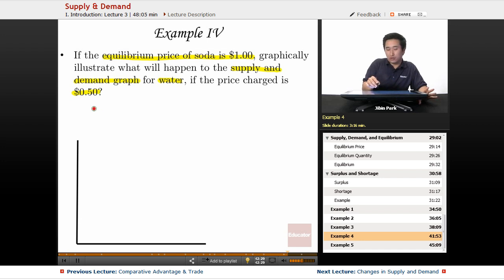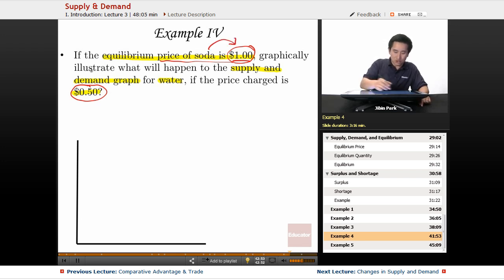Now let's go ahead and assume that the equilibrium price of water is also $1. So this could be a setup for a question here. I only gave the equilibrium price of soda being $1. What happens if the price charged is 50 cents for water? Again, these are two different products here.